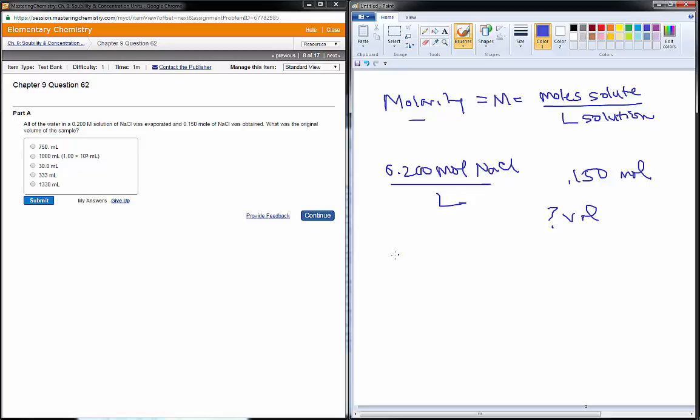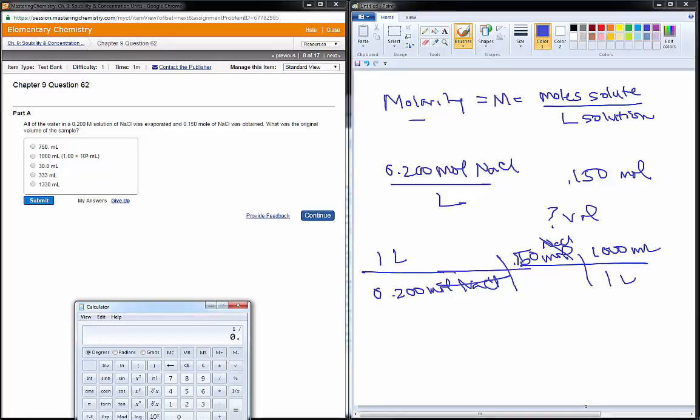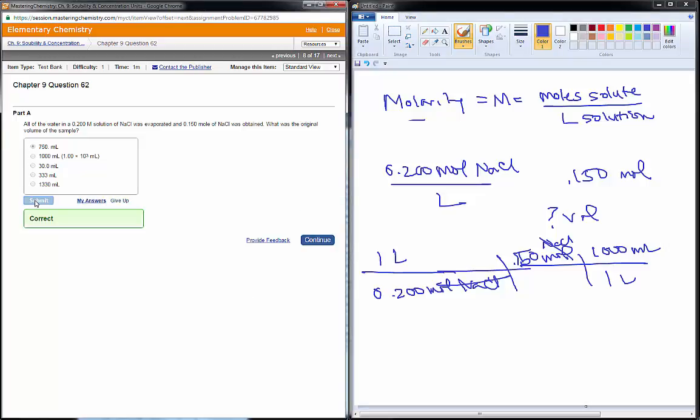So again, we're going to be solving for volume. So I'm going to put volume on top here. Just going to flip that. And I can eliminate moles by putting that in there. Moles of NaCl cancel. And then we're going to have to remember that 1 liter has 1,000 milliliters. So liters cancel. Plug that in and I get 750 milliliters.